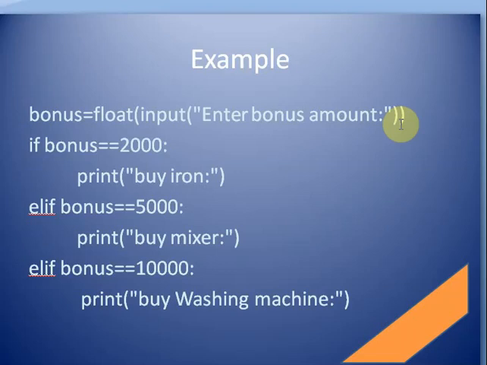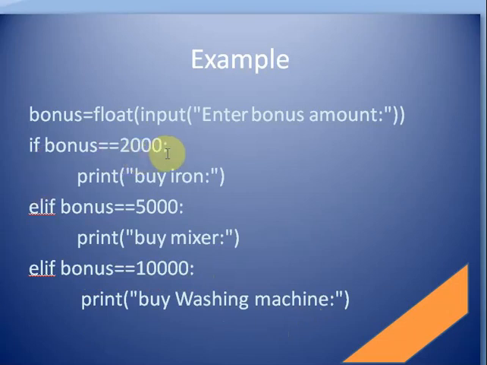If bonus equal to 2000 colon print buy iron. Else if bonus equal to 5000 colon print buy mixer. Else if bonus equal to 10,000 colon print buy washing machine. See this example and the syntax also.